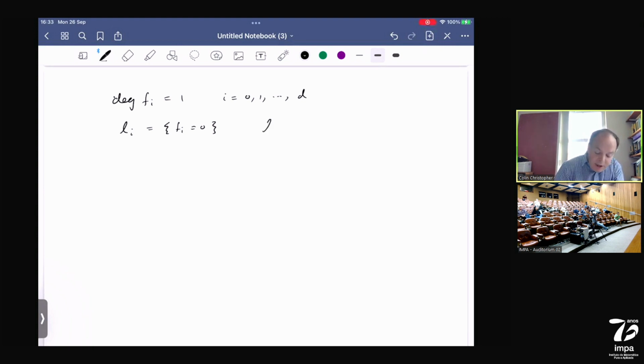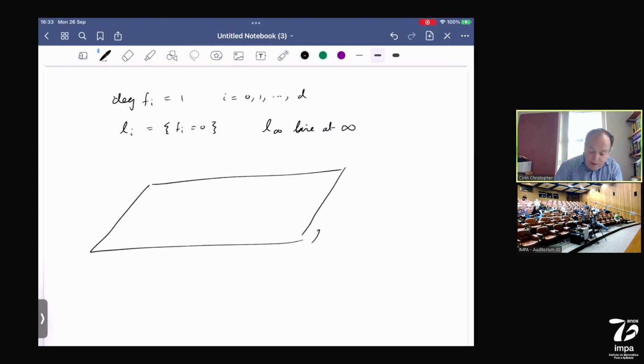And we've also got a line at infinity. The idea is as follows. We're going to concentrate on what's happening in a neighborhood of the line L0. Intersecting that line, we're going to have the line at infinity and the other lines, L1, L2, L3, and so on.